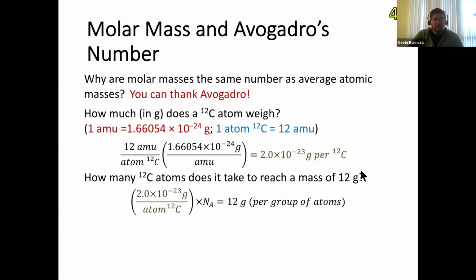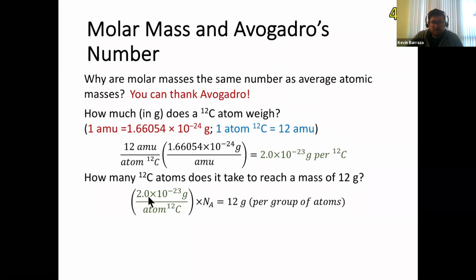We set it up like an equation. One carbon atom weighs this many grams. All I've done is take its mass in AMU, and I've given you the conversion. It's not something to memorize, it's just something to use. I know the mass of one atom, and I use the conversion to figure out how many grams one atom is.